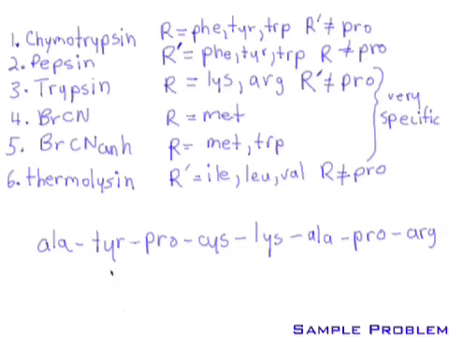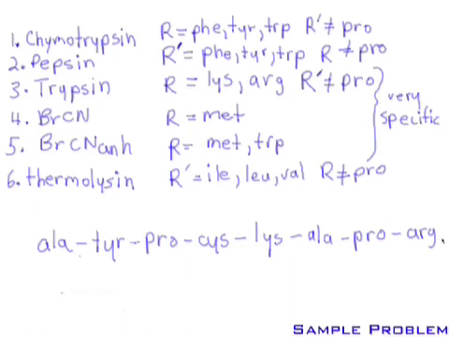What about pepsin? Pepsin would cleave to the left of phenylalanine, tyrosine, and tryptophan, so it would cleave here. Alanine's on the other side, so that cleavage would occur. So you'd get an alanine, and then the rest of the peptide. What about trypsin? Trypsin cleaves to the right of lysine and arginine as long as there's no proline.